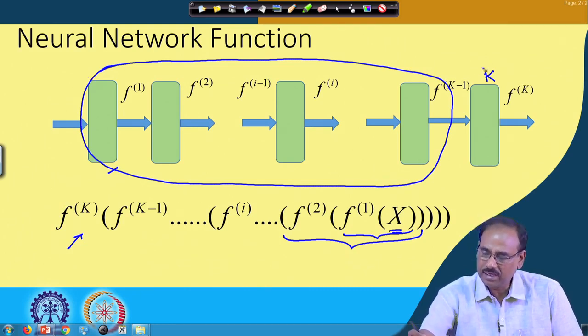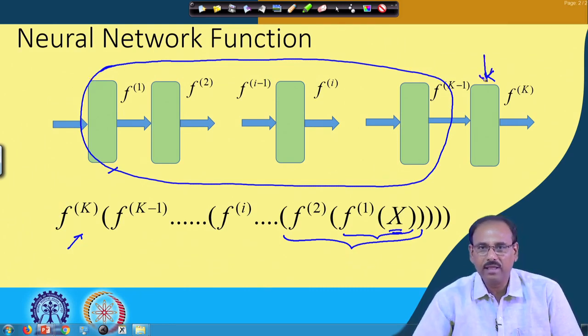And then finally, at the final layer or at the kth layer, I can have a linear classifier to classify all those samples correctly.